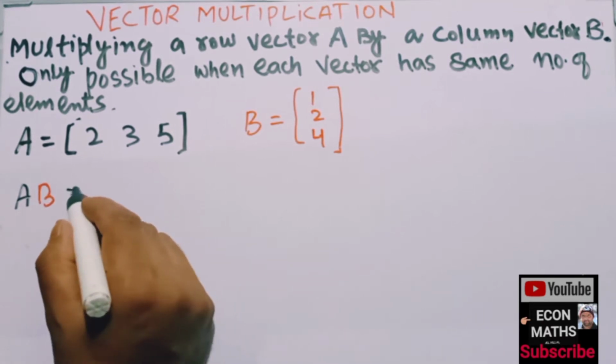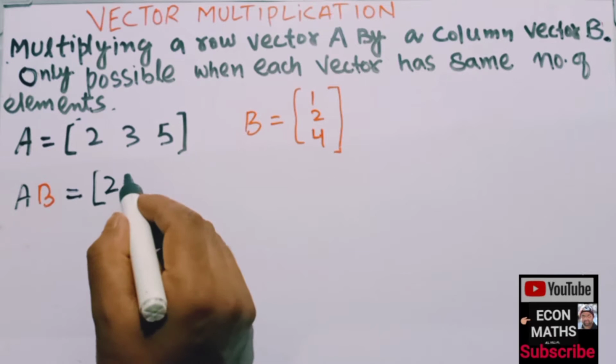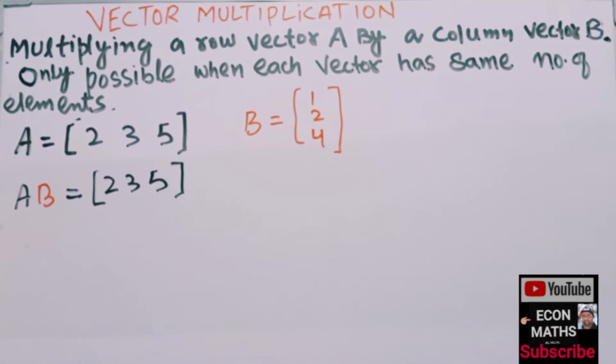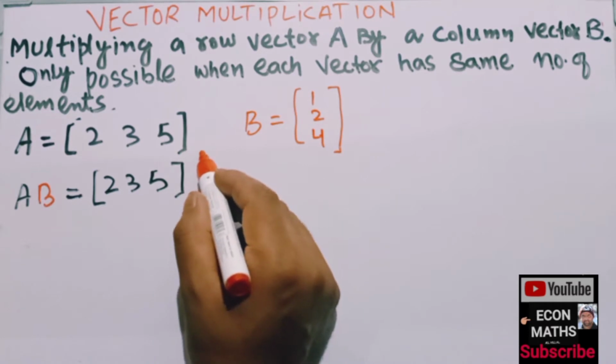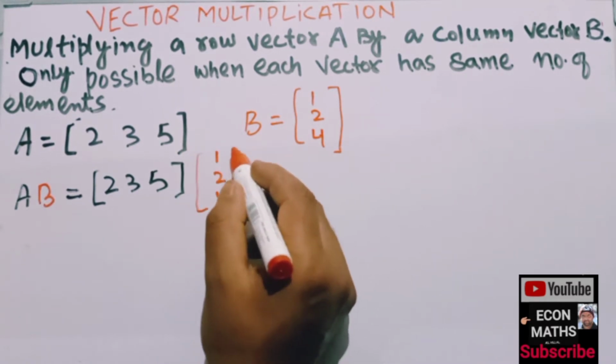This will be equal to, now my row vector is 2, 3, 5, and my column vector is 1, 2, 4.